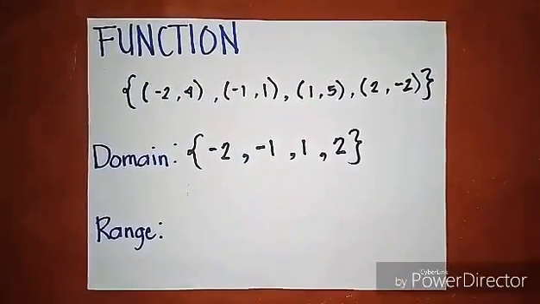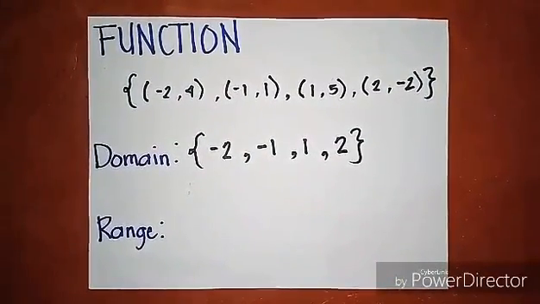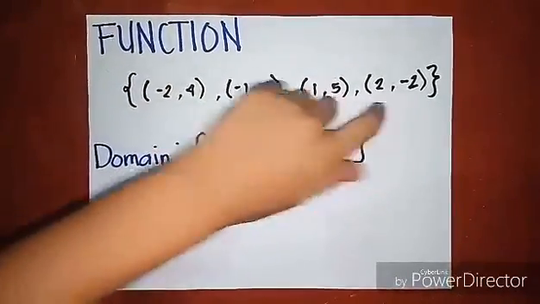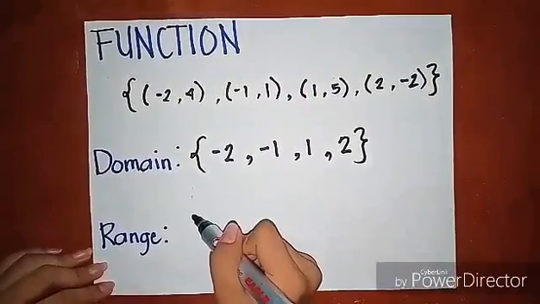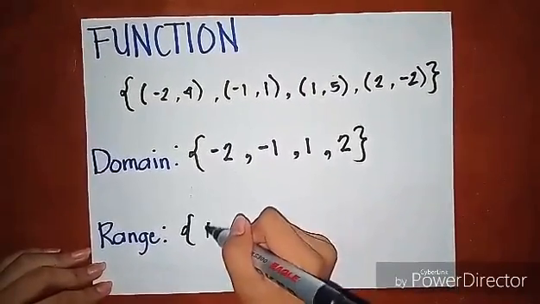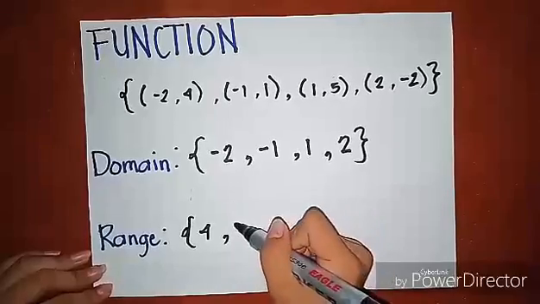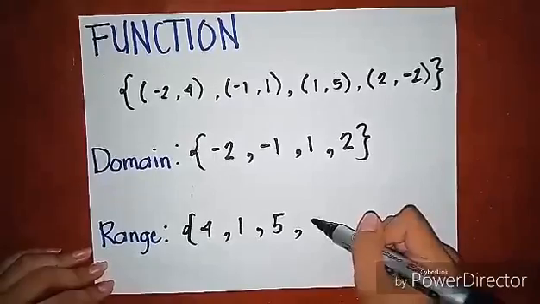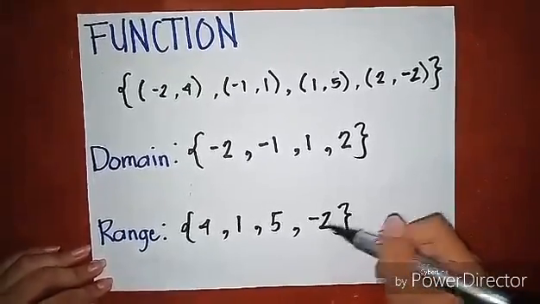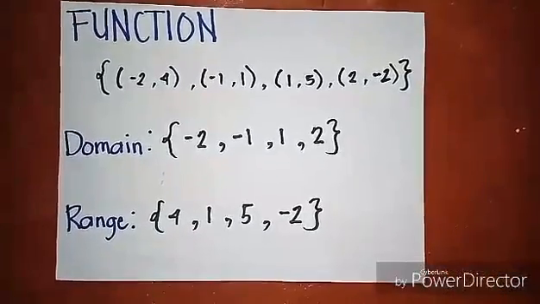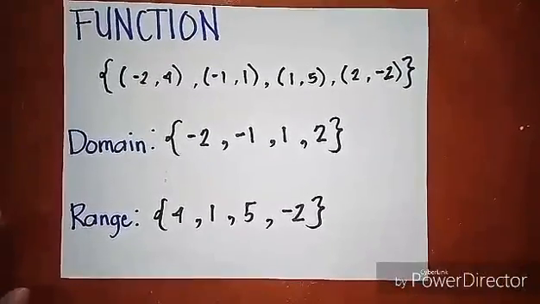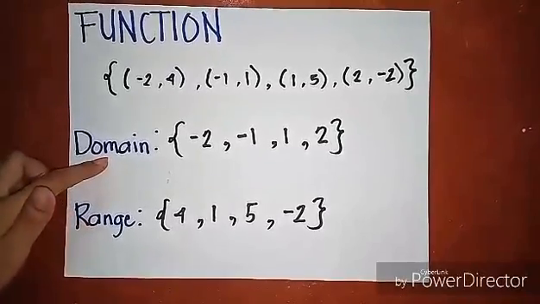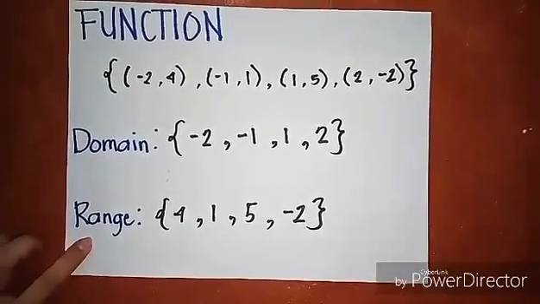And the range of the function is a set of y values: 4, 1, 5, and -2. This is a function because no two ordered pairs have the same first component and different second components.